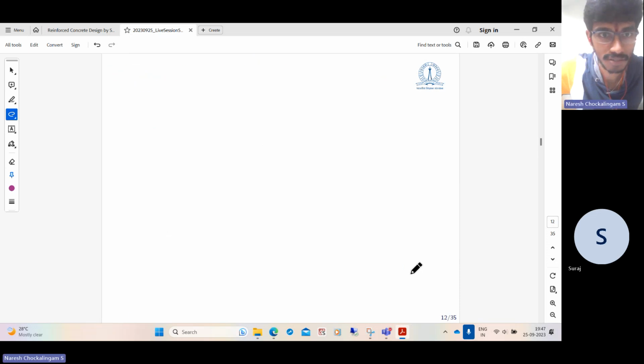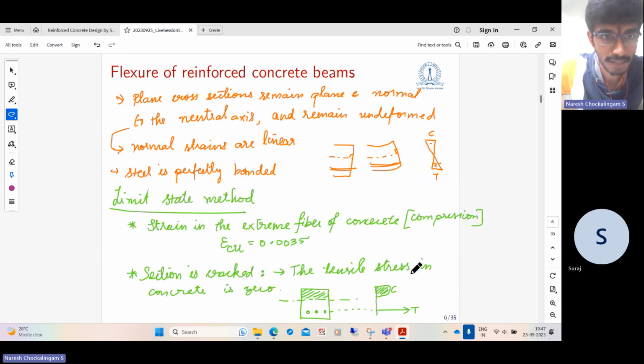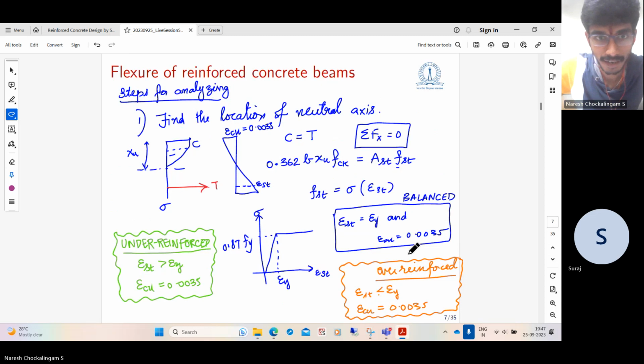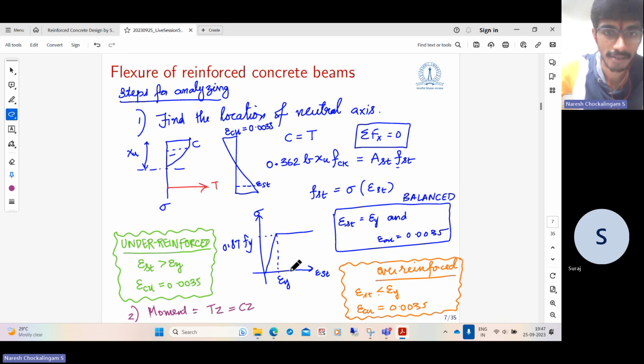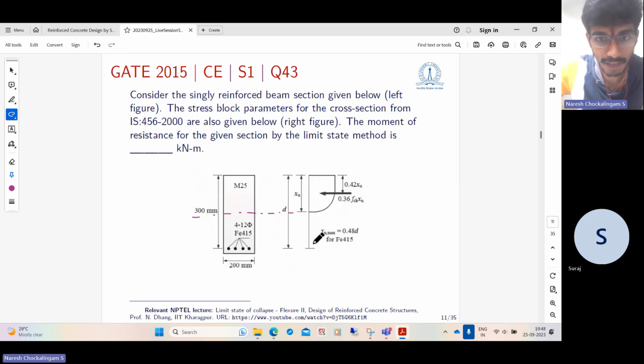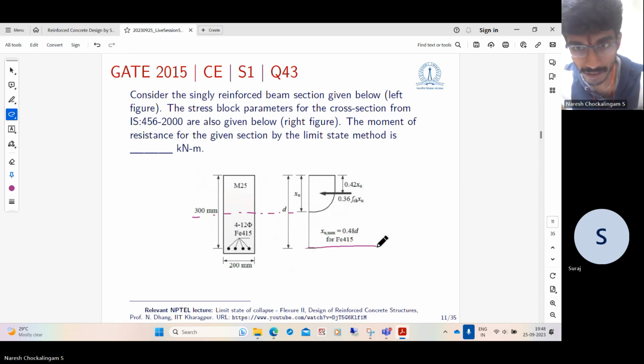So we have done step 1. What is the next step? I didn't write it here. The second step is to compute the moment. Moment is equal to either tension into the lever arm or the compression into the lever arm. It doesn't matter, because both are equal and opposite. The tensile force is acting somewhere here, and the compressive force is acting here.